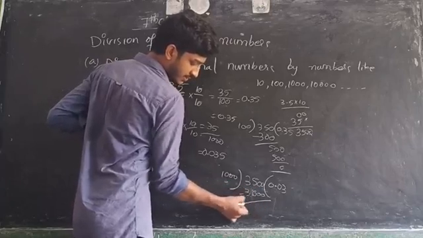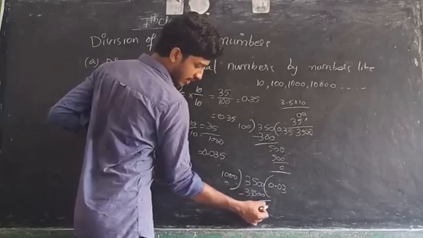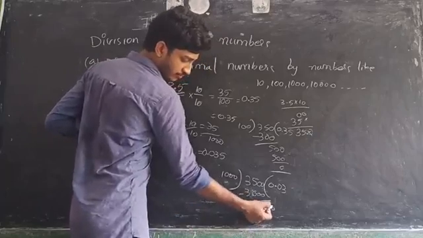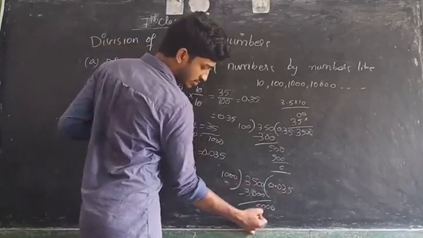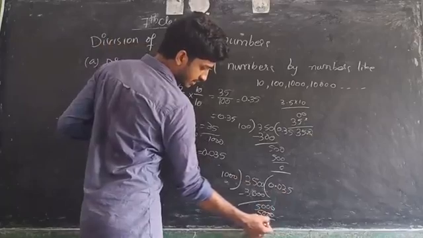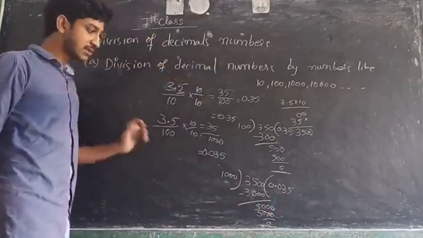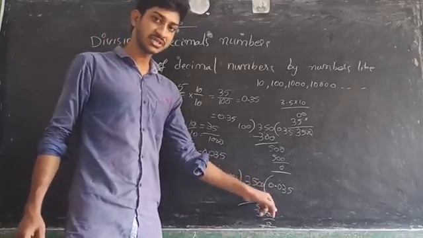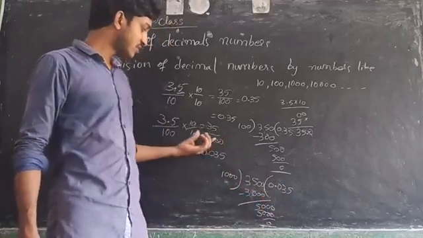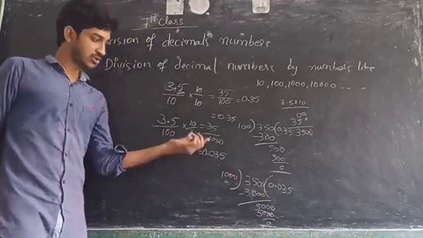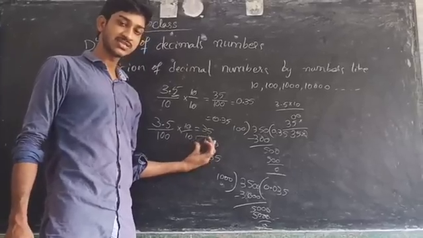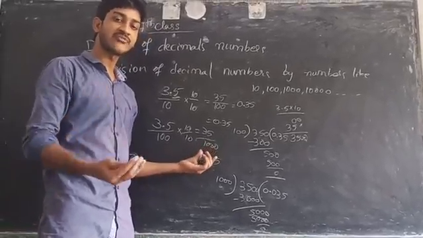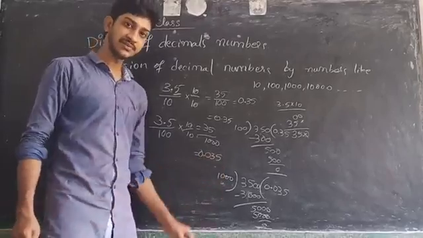Subtracting, the answer is 500. Because of the decimal point I am placing a 0 here. 5 times, 5000, 0. Okay children, what is the quotient here? 0.035. So the answer is 0.035. Here the denominator has 3 zeros, that's why I am placing the decimal point after 3 digits.